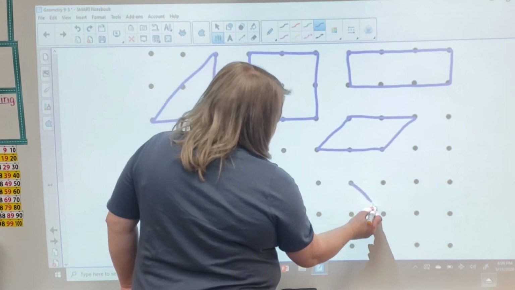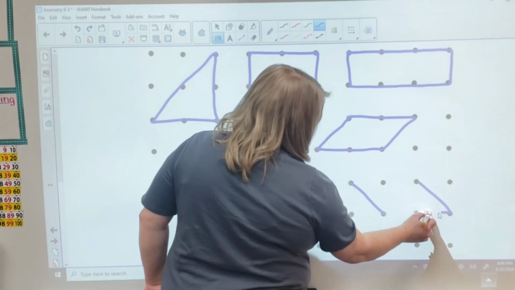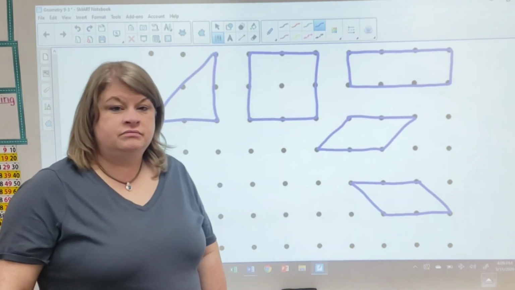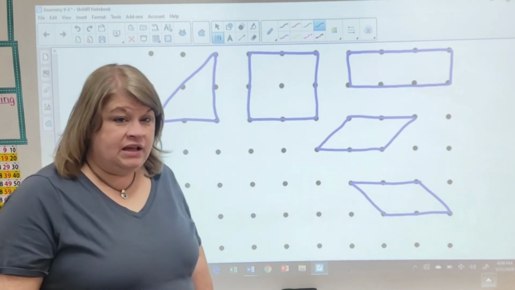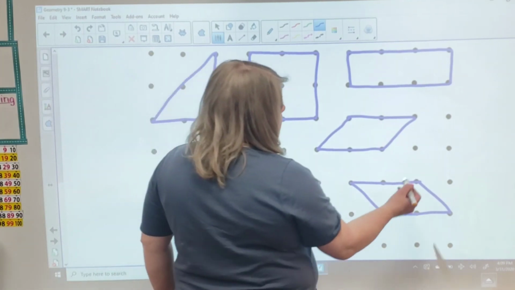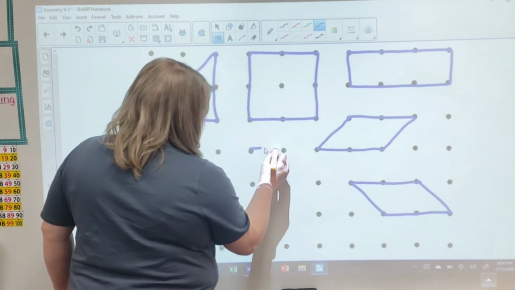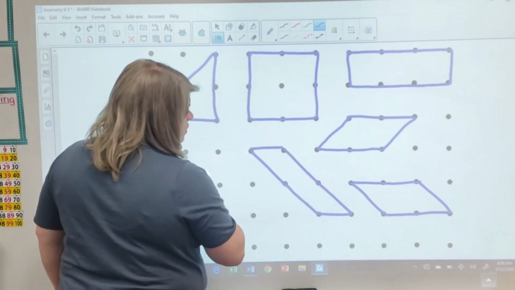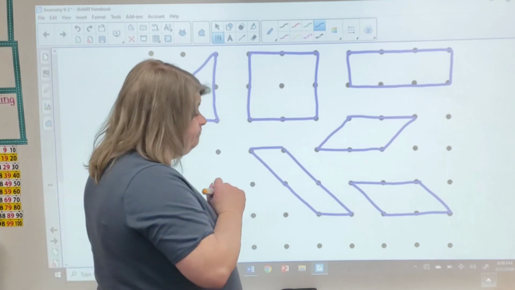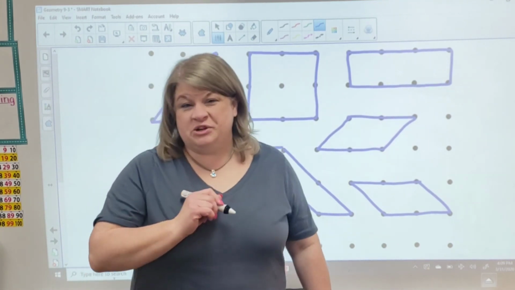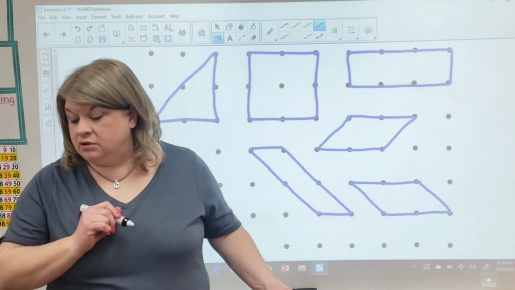If I drew it like this, do you think that would still be a rhombus? It would be. It's just flipped. If I drew it like this, what do you think? It's just flipped around. Any of those can still be considered rhombuses.